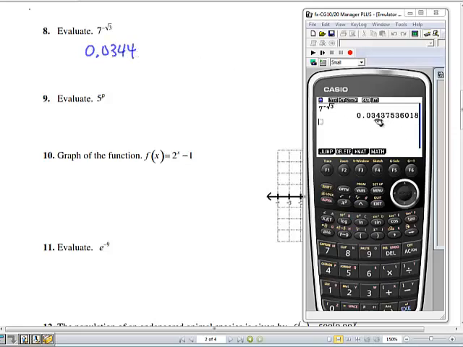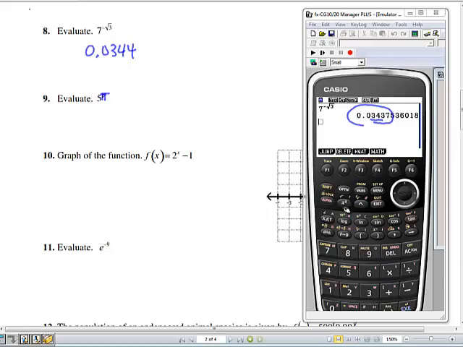To 3 decimal places, and the 7 makes that 3 of 4. Okay, and then, oh, that's supposed to be a pi.